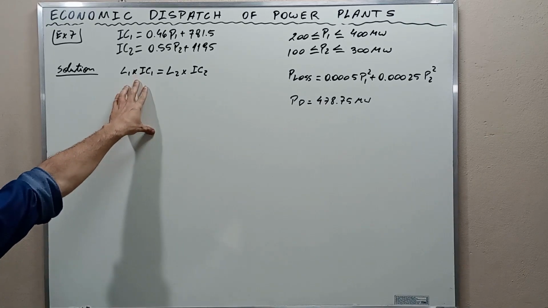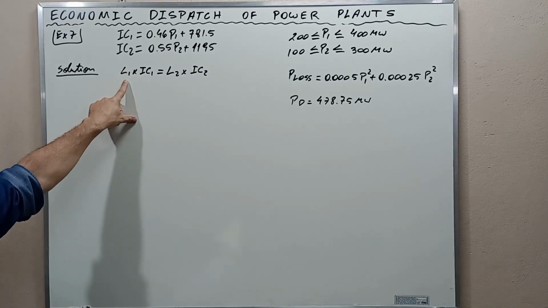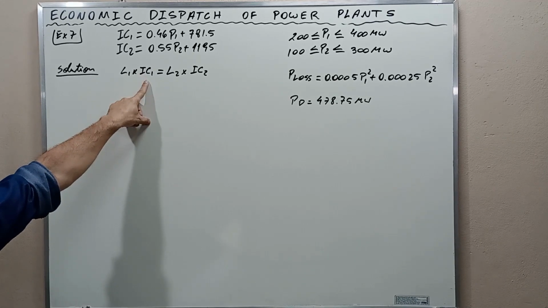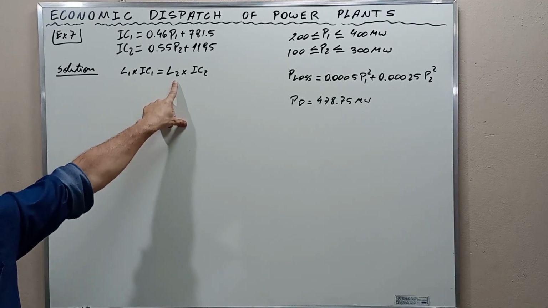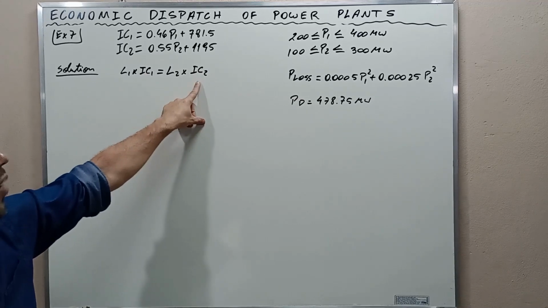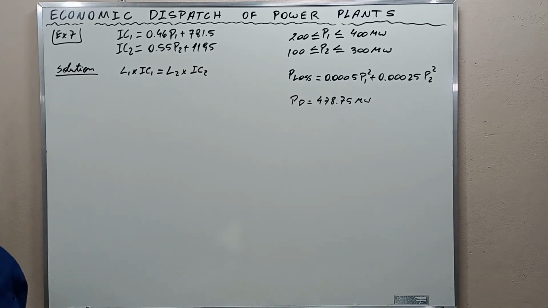And what does it mean again? The penalty factor associated with power plant 1 times the incremental cost of operating power plant 1 has to be equal to the penalty factor associated with power plant 2 times the incremental cost of operating power plant 2. Alright, so this is the condition for optimum dispatch.